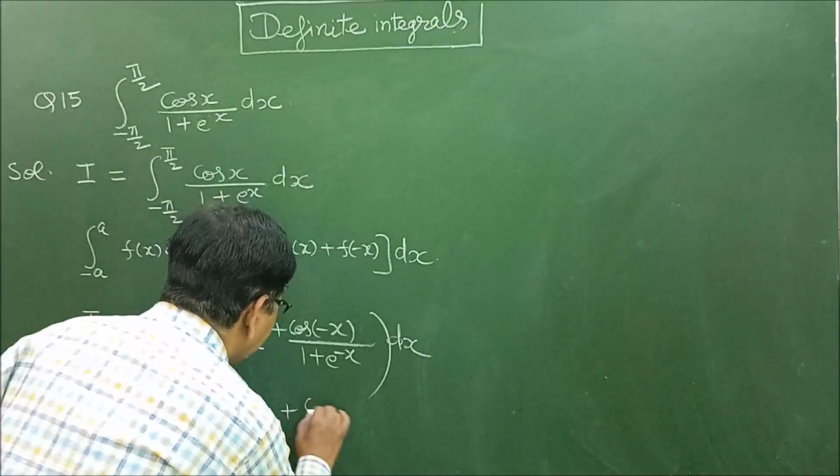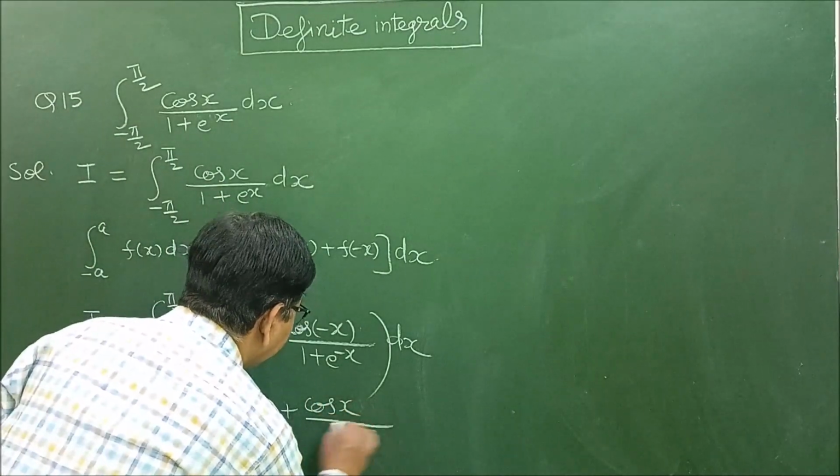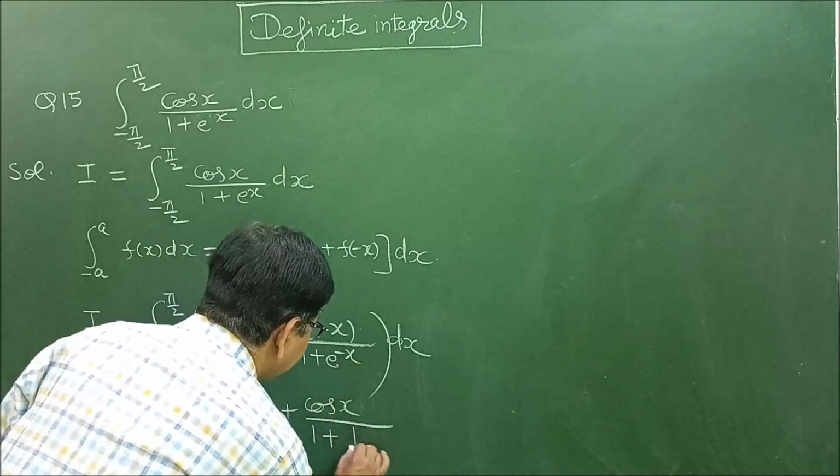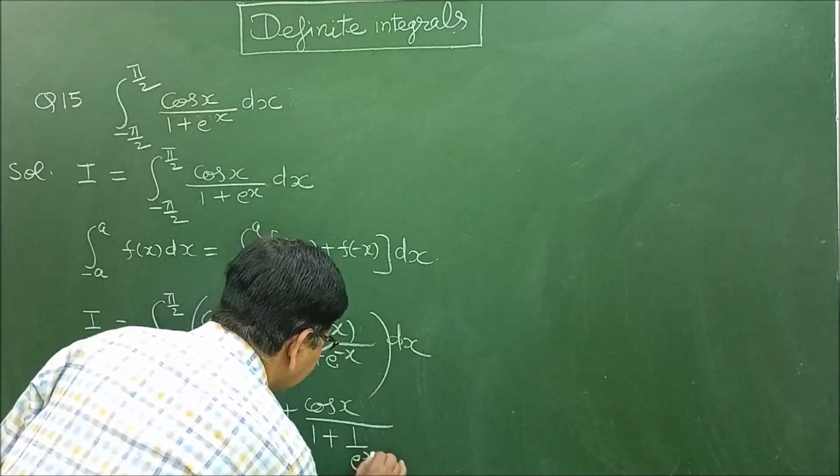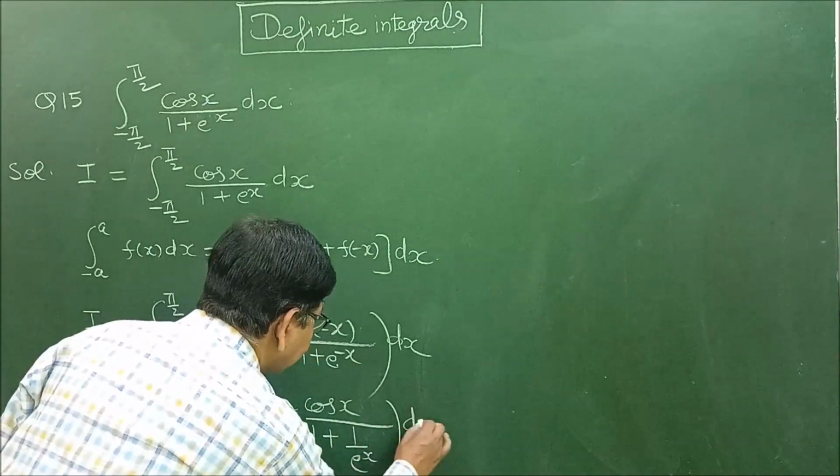So plus cos x upon (1 + e raised to the power minus x), where e raised to the power minus x is equal to 1 upon e raised to the power x, dx.